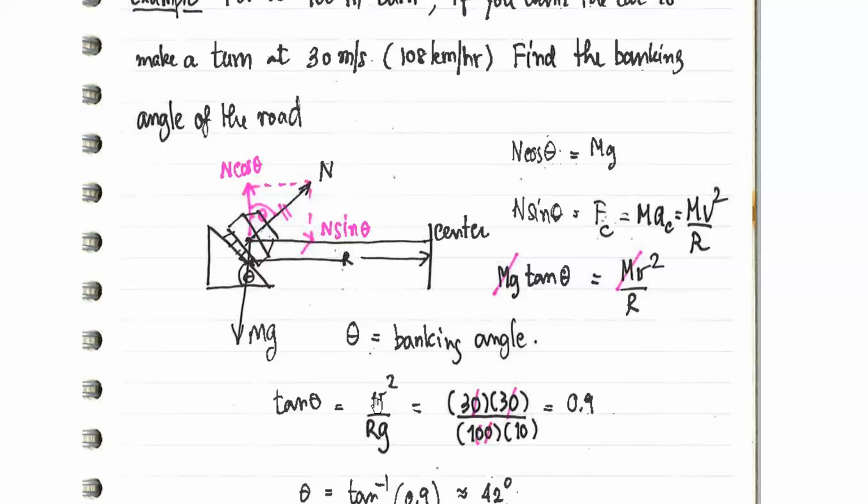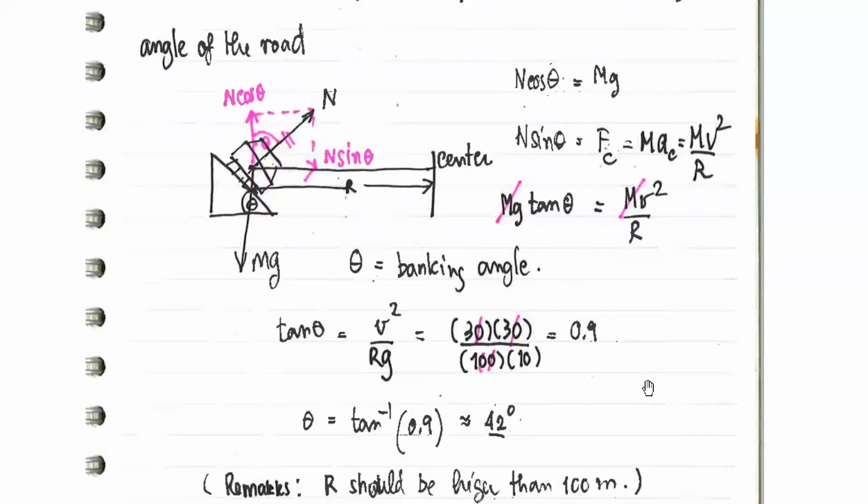Because the velocity is 30 meters per second, v squared is 900. The radius of curvature is 100 and g is approximately 10, so we have 1,000 downstairs. So 900 divided by 1,000 is 0.9.